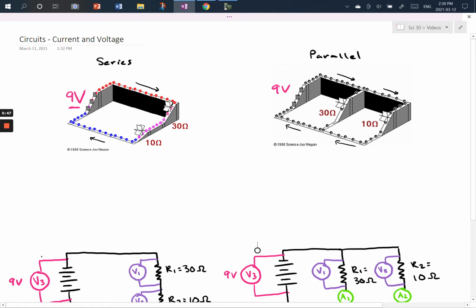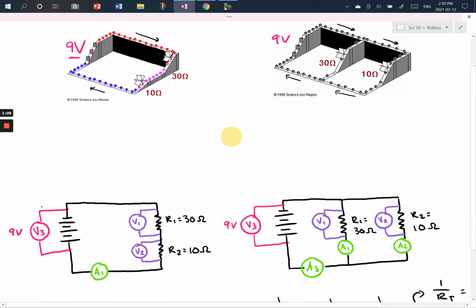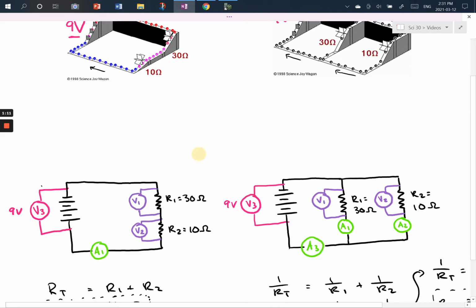The battery is pumping up the potential energy of these little charges, and then as we move through the circuit, we run into some resistors, and at each of those resistors there is a drop in the voltage, or a drop in the potential energy. It works a little bit differently whether we're talking about series or parallel. So let's go and look at the diagrams.